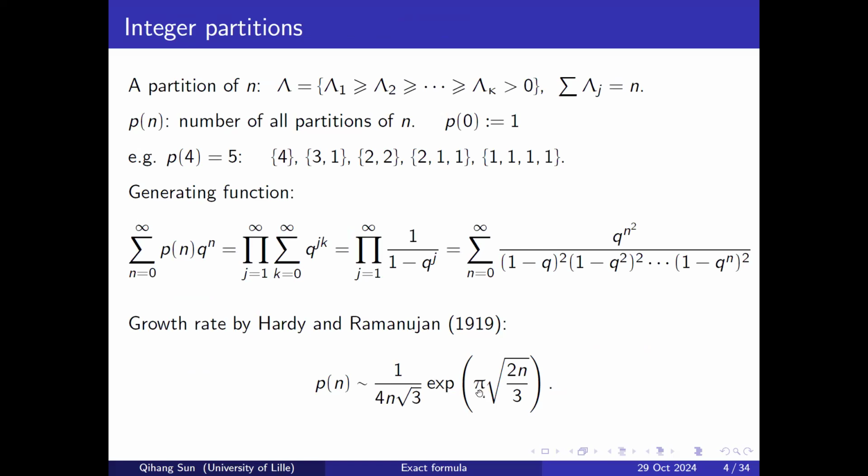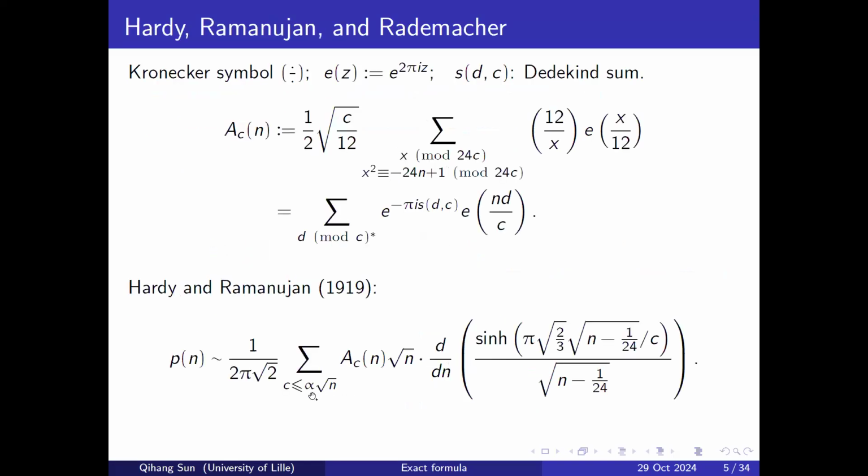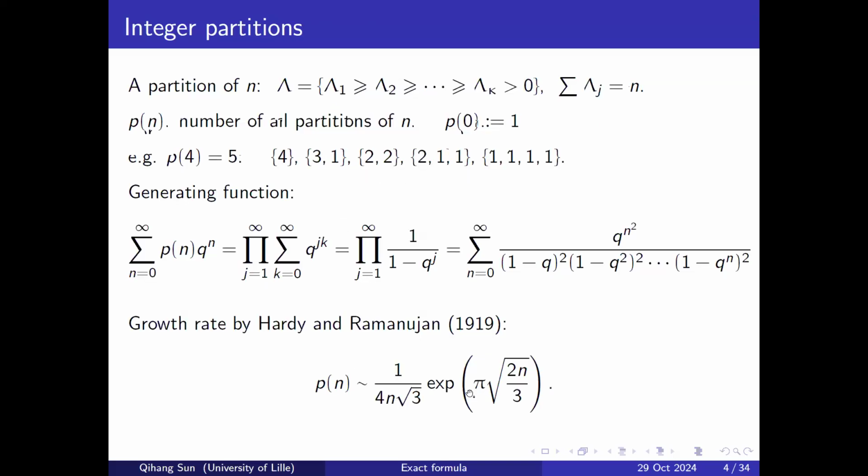We divide pi by 1 for the first term, pi by 2 for the second term, and pi by c for the c-th term. There's a reason why we sum up to square root n: when you divide by square root n here, everything behaves like a constant. We may not have very good estimates for the terms after that.